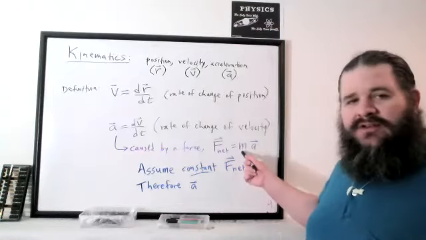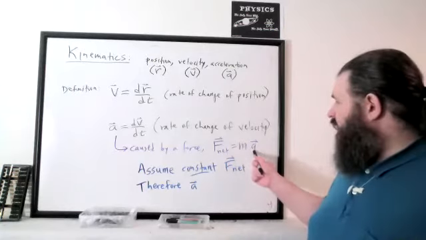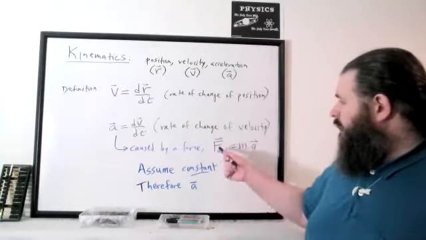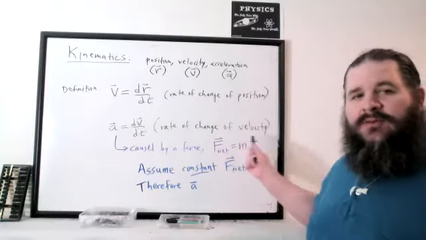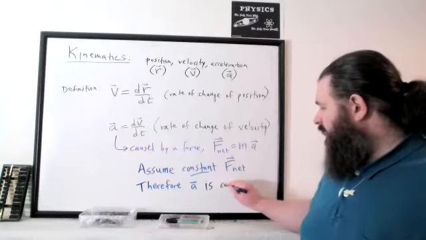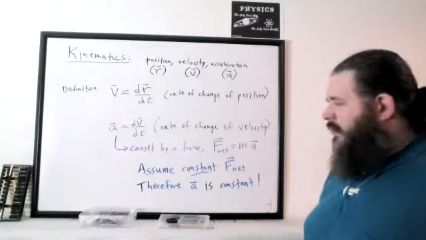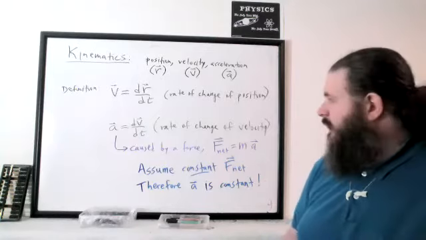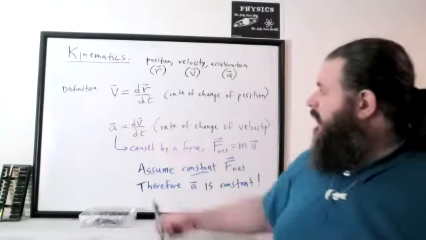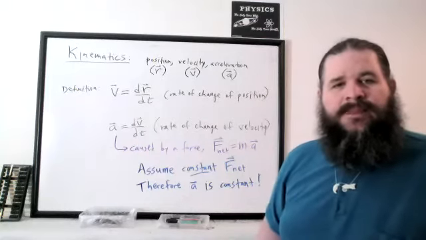Because mass is constant in general. The mass of the object we're expecting does not change. So the only way the acceleration could change is if the force also changes. If we're assuming we have a force that doesn't change, that means we have an acceleration that also doesn't change. Acceleration is going to be constant. And that makes this a lot more predictable, because if we know the acceleration is constant, we can figure out what the velocity has to be. And if we know what the velocity is, we can figure out what the position has to be also.